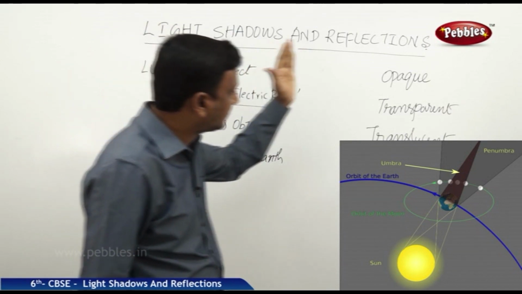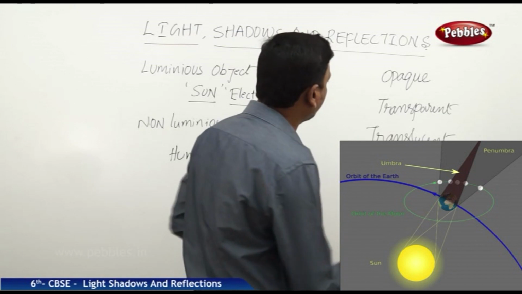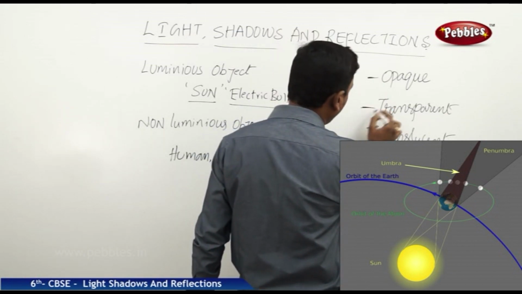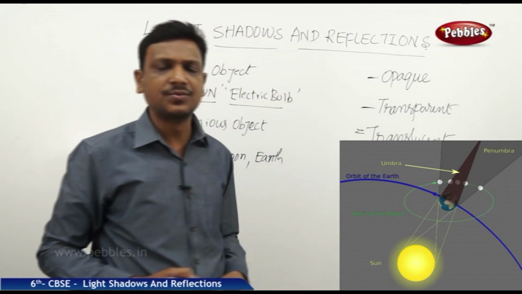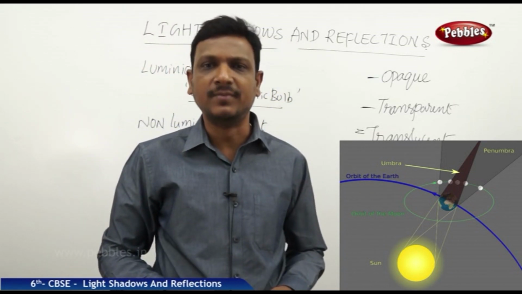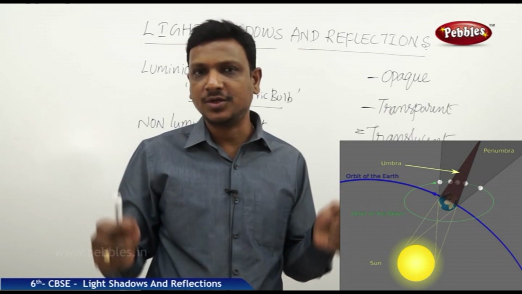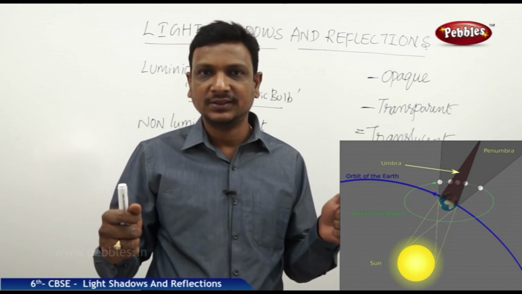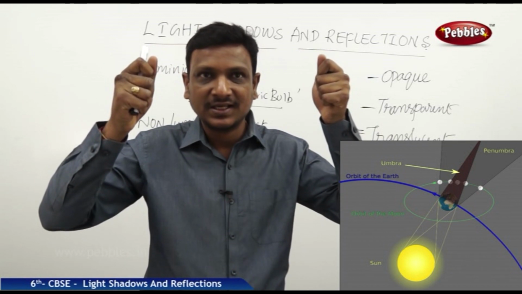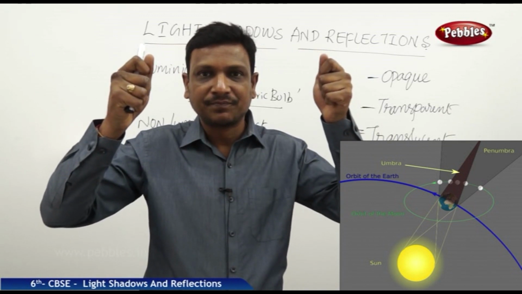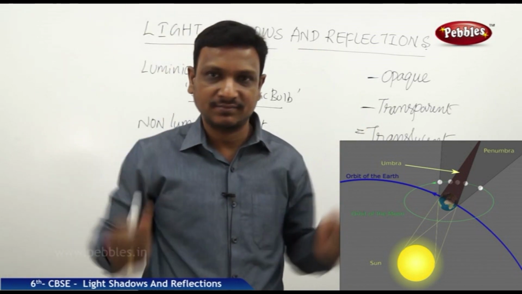Now let us go to the other three terms that are important that we must know. One is opaque body. So what is opaque? It's a property of a material. If you take a cardboard or a wooden plank and keep it just in front of your face, can you see what is on the other side?